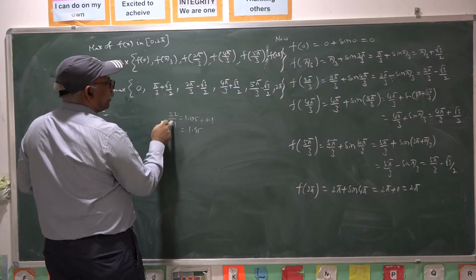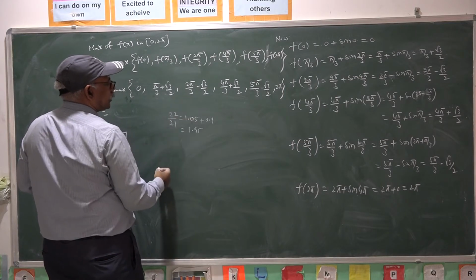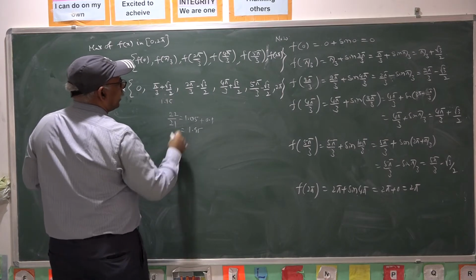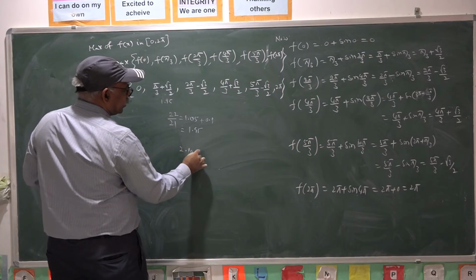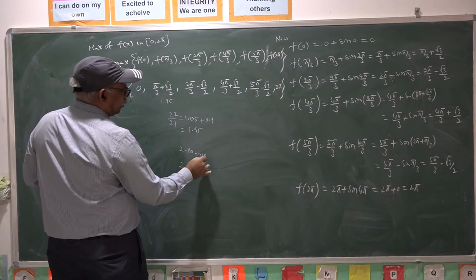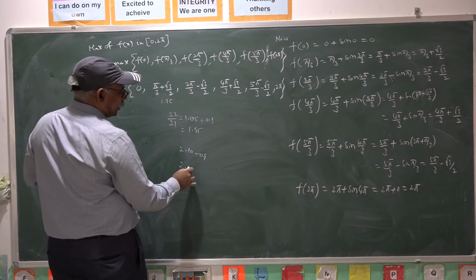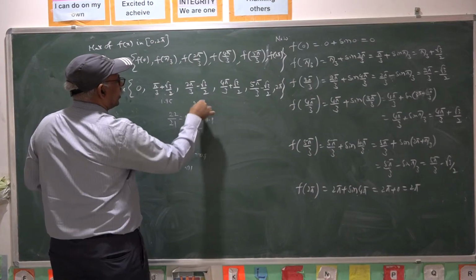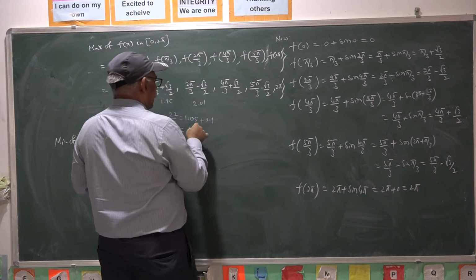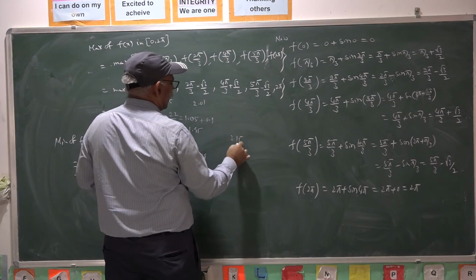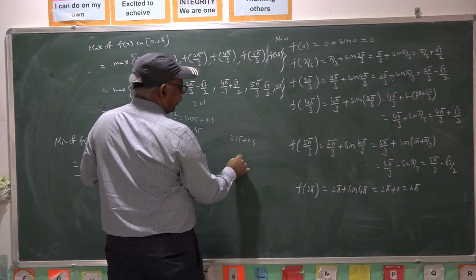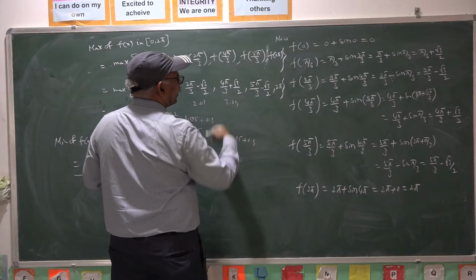Similarly, 2 pi by 3 is nearly 1.95, and minus 0.9 gives 0.1, nearly 2. And this value is 3 into pi by 3, which is 3.15 plus 0.9, that is 3.24 nearly.